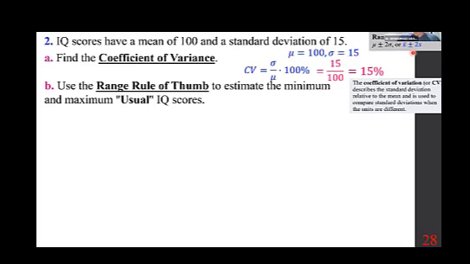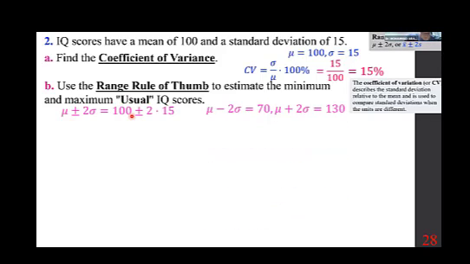In other words, the range rule of thumb says you start from the mean and you go 2 standard deviations to the right, 2 standard deviations to the left, and that would be considered the usual. So mu plus minus 2 sigma, mu is 100, sigma is 15. So 2 times 15 is 30, subtracted from 100 becomes 70, added to 100 becomes 130.